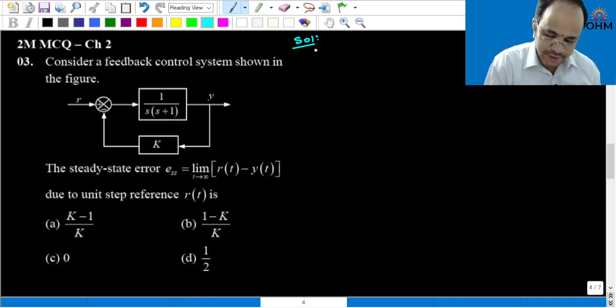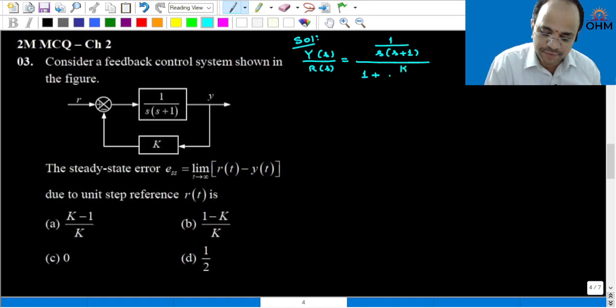So first let us find out the closed loop transfer function, Y(s) divided by R(s), that is 1 by s into (s plus 1) divided by 1 plus k by s into (s plus 1).